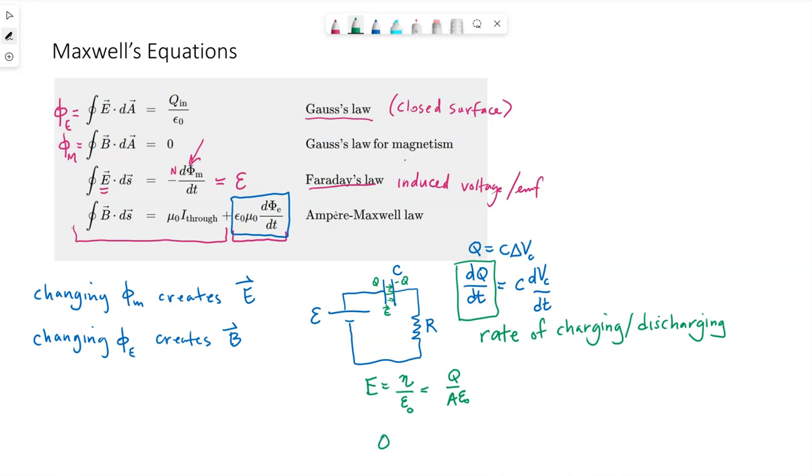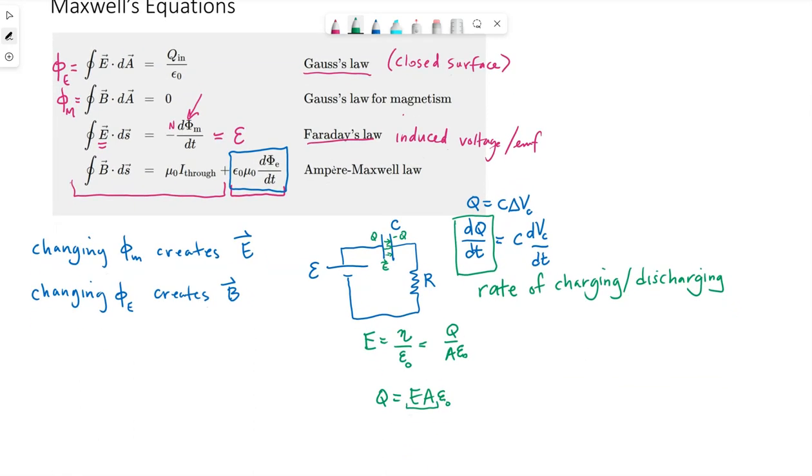If we solve for Q here, E times A is the flux, the electric flux. So we can write also dq dt, which means the same thing as the change in electric flux with respect to time.